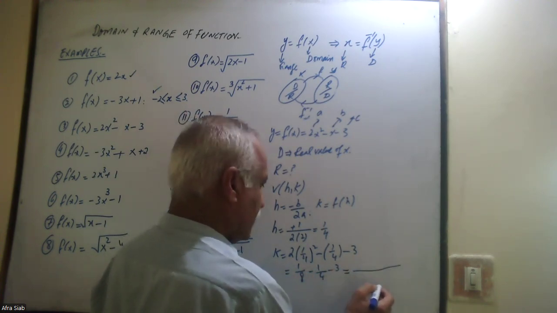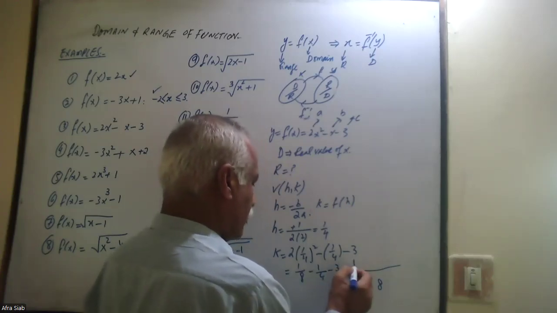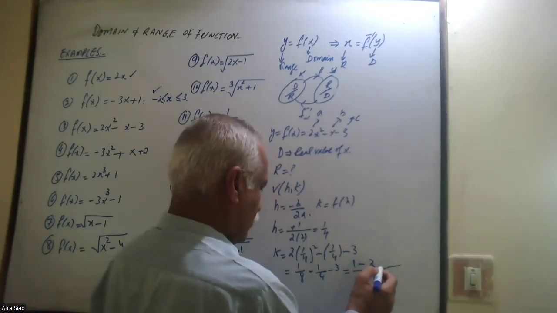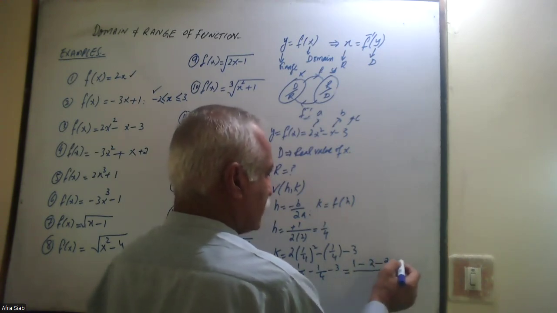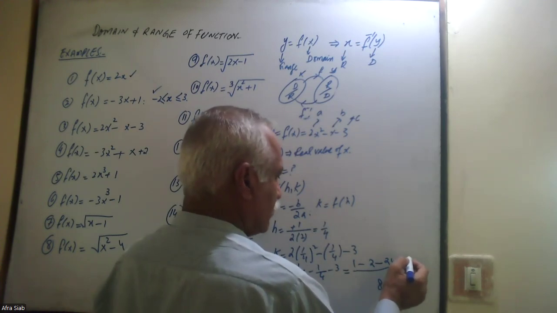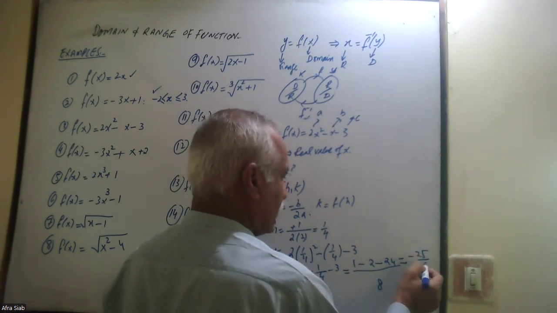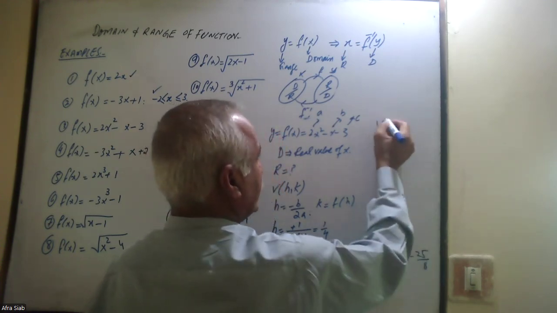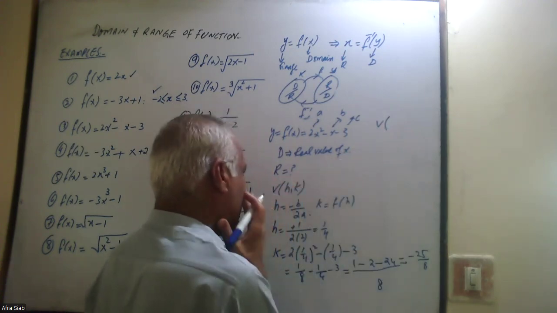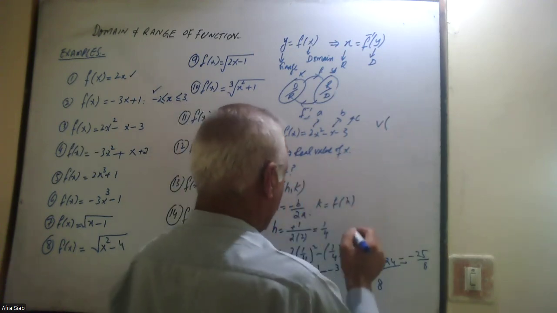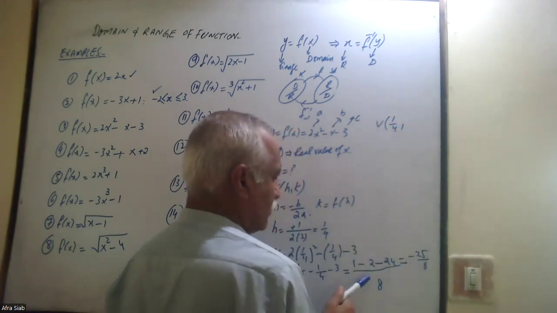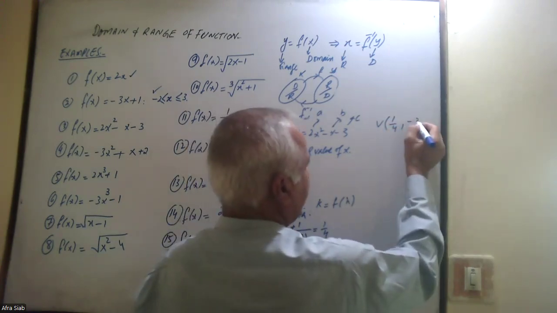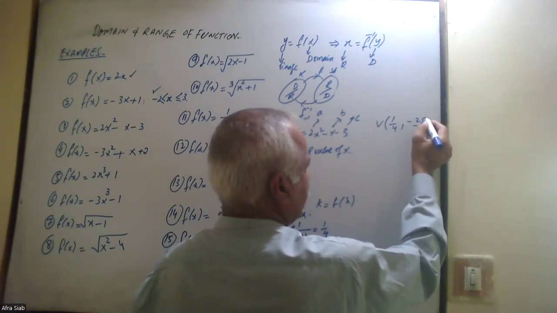If you take the LCM as 8, it should be equal to 1 minus 2 minus 24, that is minus 26 plus 1, which is equal to minus 25 over 8. So the vertex of this quadratic will be h equal to 1 over 4, and the k value is minus 25 over 8.